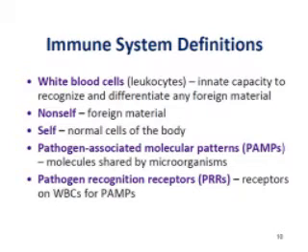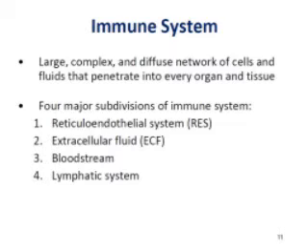So two of those you probably haven't heard of, or at least one of them. But the immune system, if you think about your whole body, and as I said, having white blood cells and a response to invasion available at all these different sites of entry, you have to have a pretty complex system, and it has four major subdivisions.